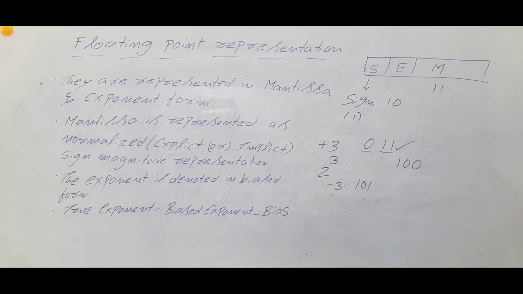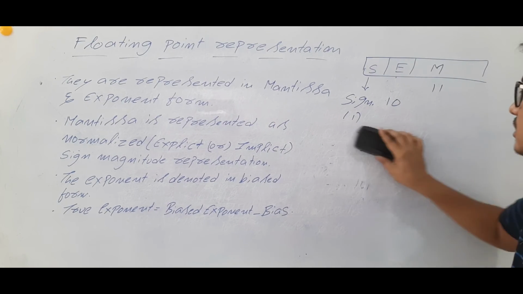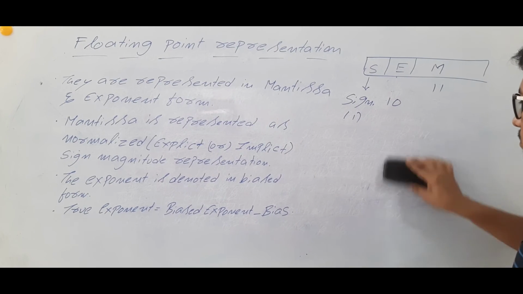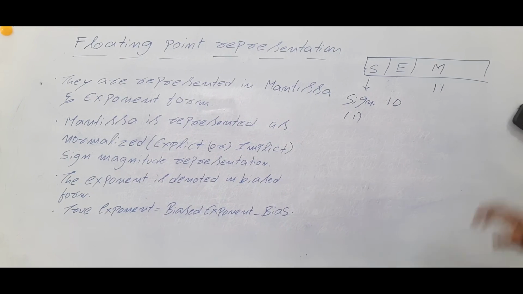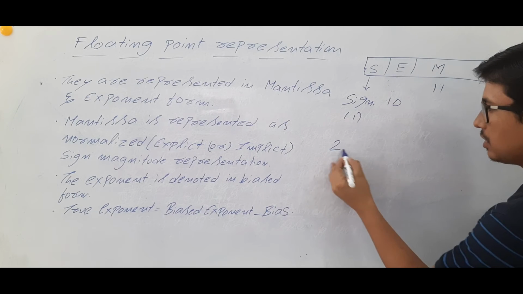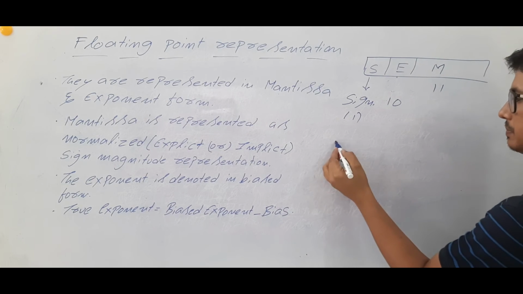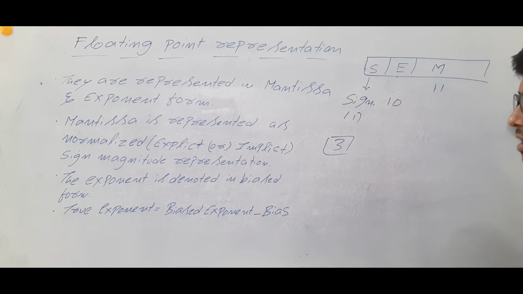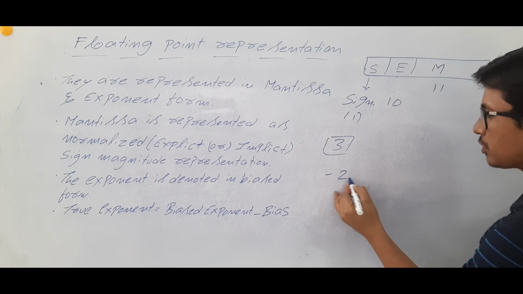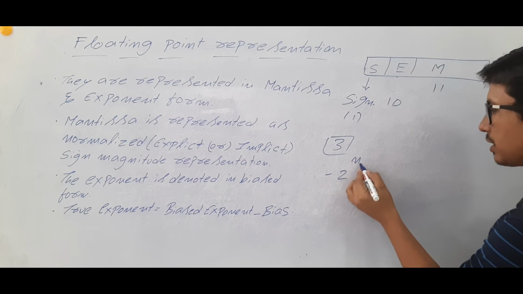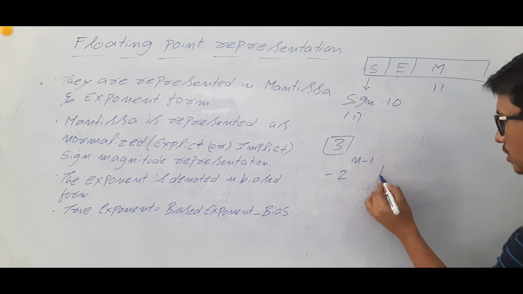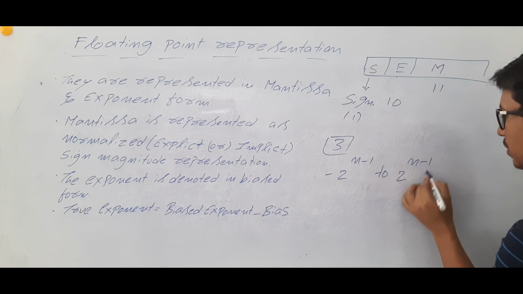What is meant by biased form is that, let's take an example. Let's take that I have a 3 bit number. Using 3 bits, what is the range of 2's complement? Minus 2 power n minus 1 to 2 power n minus 1 minus 1.